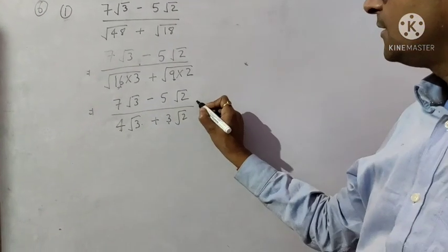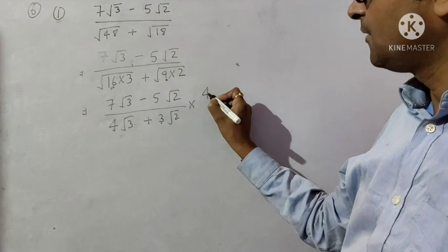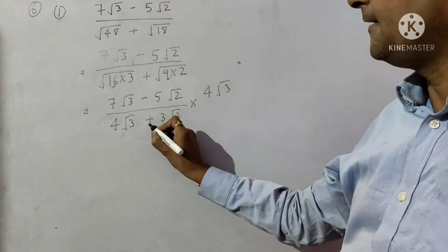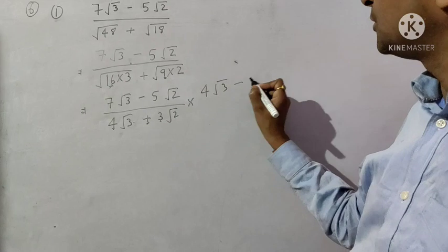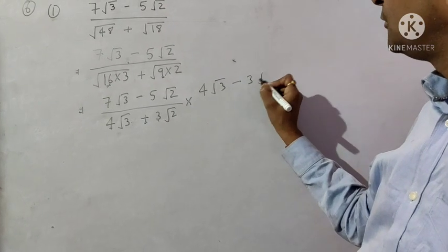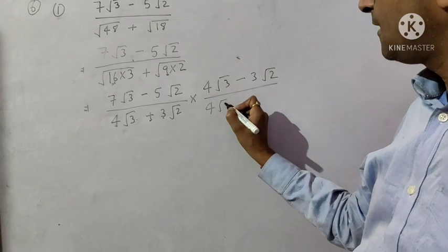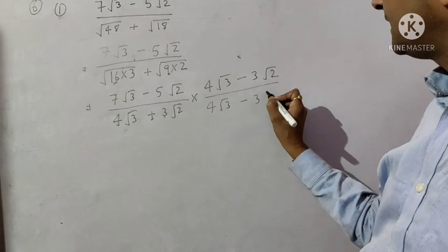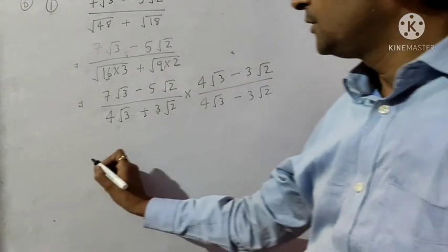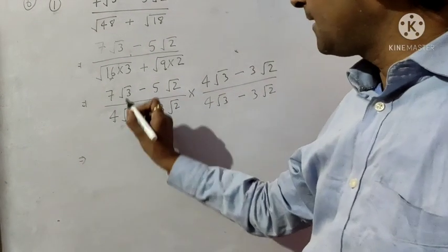After this, we will rationalize here. In 4 root 3 plus 3 root 2, the sign is positive, so we take the negative: 4 root 3 minus 3 root 2.